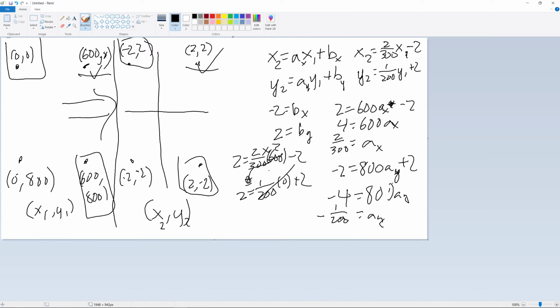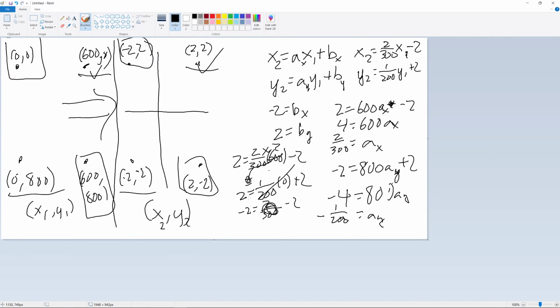Final coordinate, this one, negative 2 equals 2 over 300, or well, this is 0 minus 2. Yes, that's right.